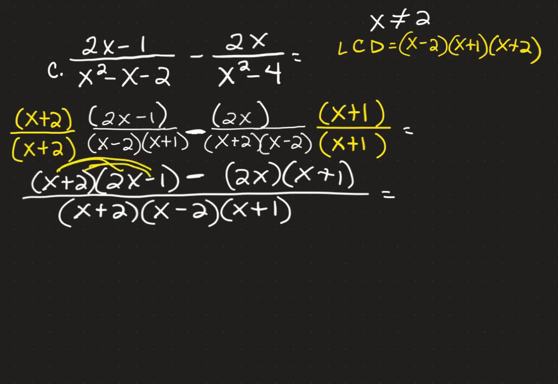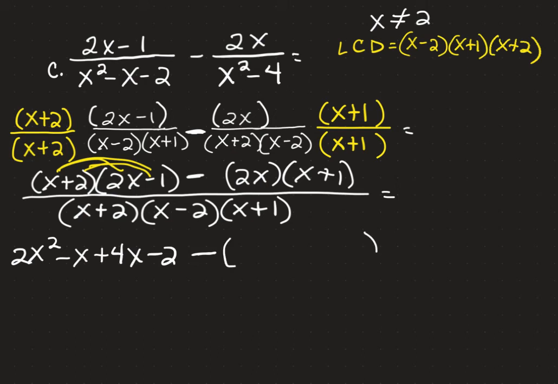Binomial times a binomial, we often remember that by talking about FOIL. First, that's 2x squared minus x plus 4x minus 2. First, outer, inner, last. But then we come to this subtraction sign, and we are subtracting everything that follows.